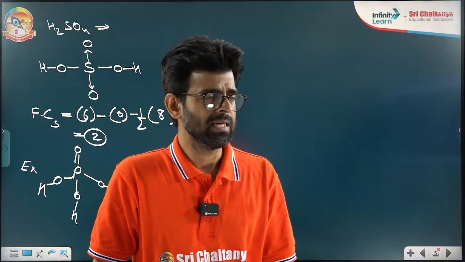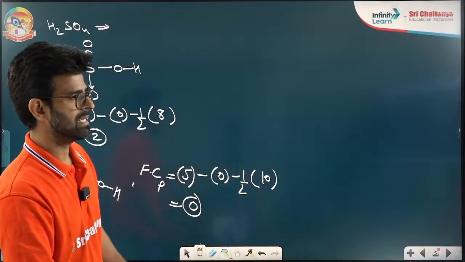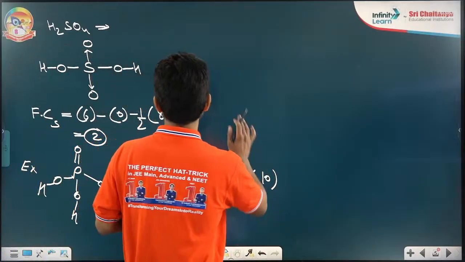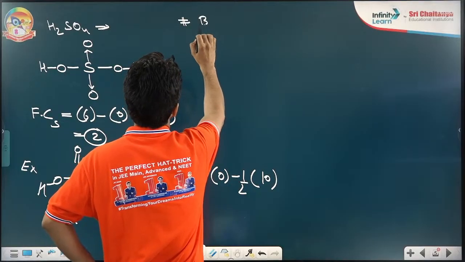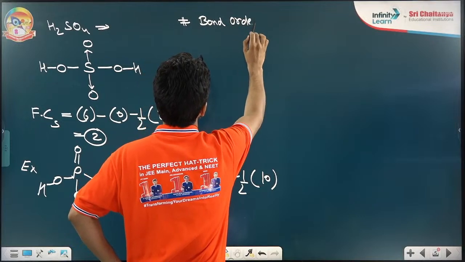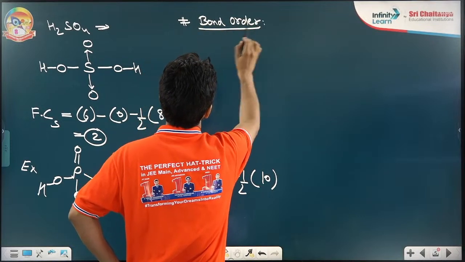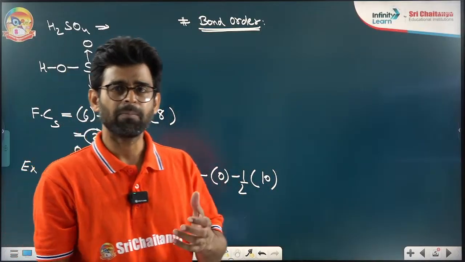Okay, fine. So this is it. You can solve formal charge questions by the formula. Simple concept, right? The next one I'm coming to is bond order. It also depends on structures. All of these are applications of structure.